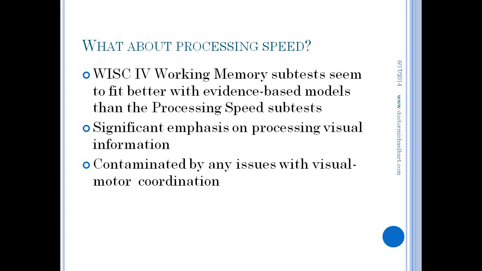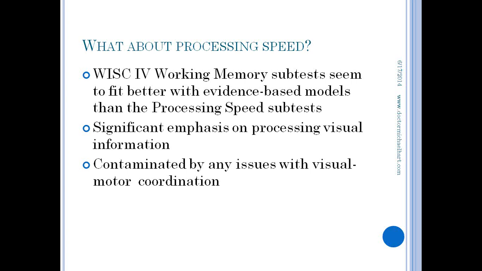So the WISC is important because it provides you with that information, but you want to make sure that you're getting as much information about what you think you're testing as about what might be getting in the way of your being able to test.